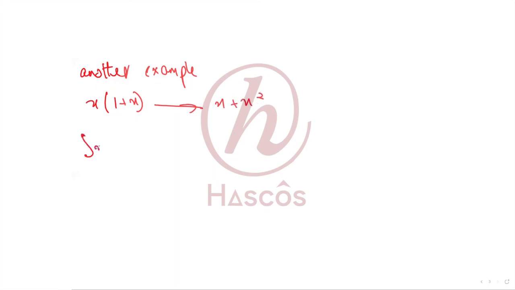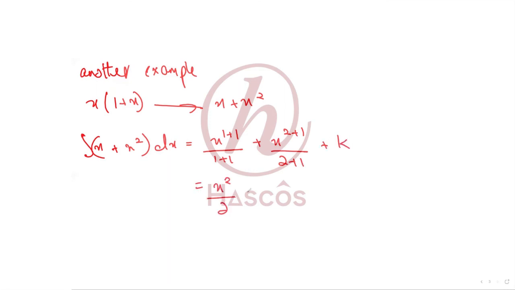Now x plus x squared dx is going to be x to the power 1 plus 1 over 1 plus 1, plus x to the power 2 plus 1 over 2 plus 1, plus the integration constant added. Simplifies to x squared over 2 plus x cubed over 3 plus k. This is what we get after we integrate these types of questions that require some prior manipulation.